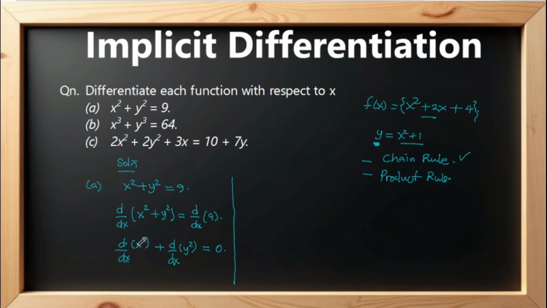The derivative of x squared is 2x, then plus, but when you look at this one, we have y squared and x. So this is where chain rule comes in handy. Now how do we apply chain rule? So we write the derivative with respect to y, and then also maintain the derivative of y with respect to x, because our major aim is to get dy by dx.